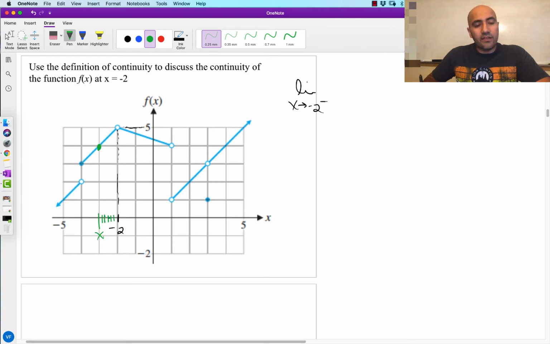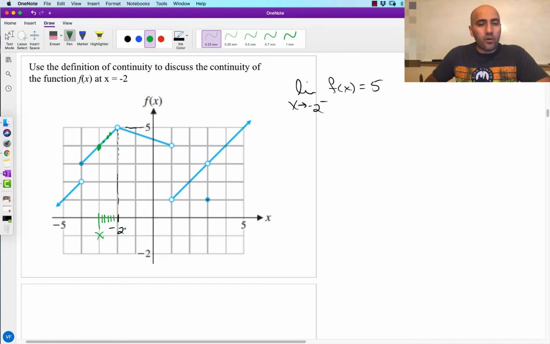We want to get infinitely close to -2, but always from the left-hand side. We can see that the output values are slowly but surely marching toward 5. So the left-side limit as x approaches -2 from the left-hand side of f of x is equal to +5.